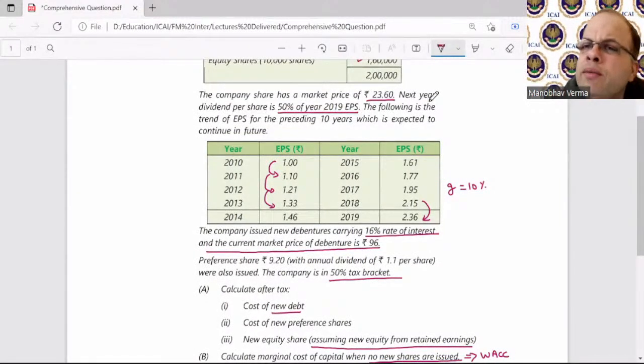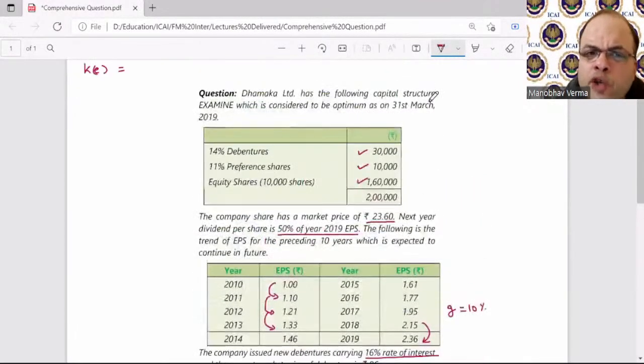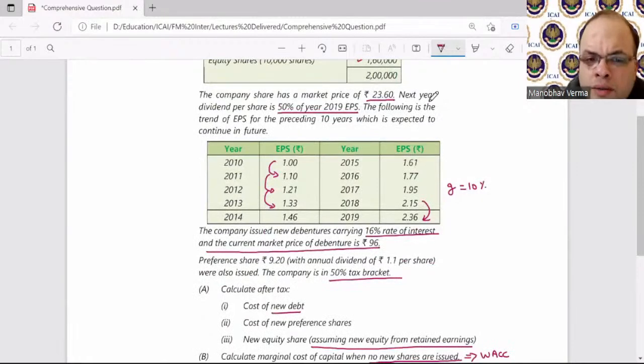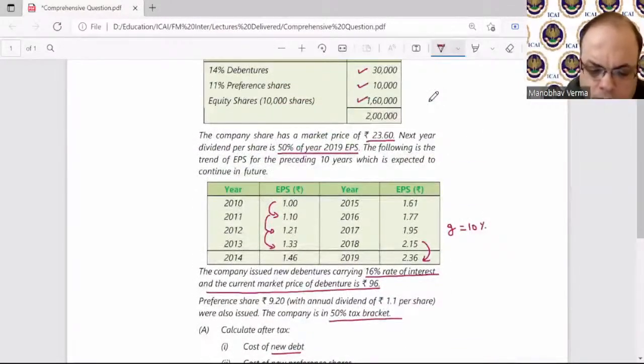We are talking about current market price, but the new issue would be at the current market price itself. In this case, the current market price and net proceeds would be same. Do you agree? They haven't given you any other flotation costs and all. Charu, we are using the same because that has to be net proceeds. But that was a good question, by the way. That was a good observation. I hope it is clear.